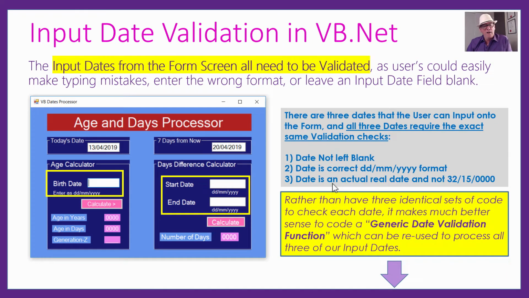Now, rather than have, for these 3 different dates we're putting in, 3 lots of validation coded into our program, look, it'd all be the same thing.